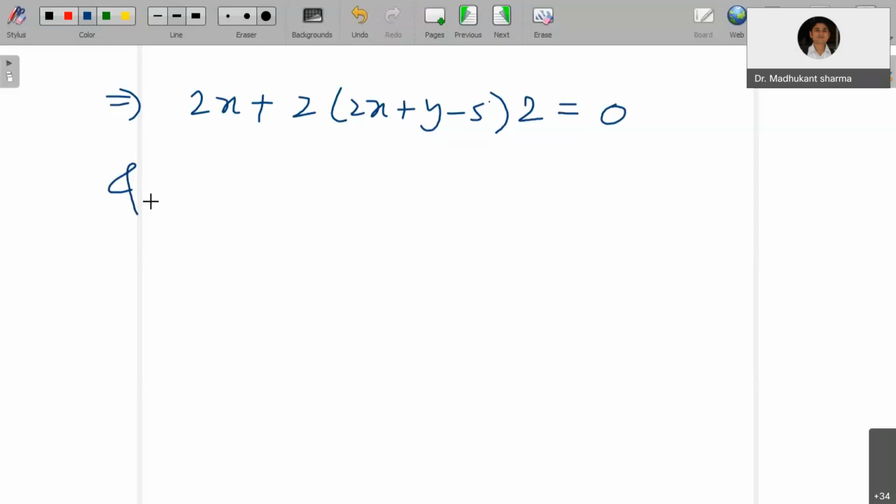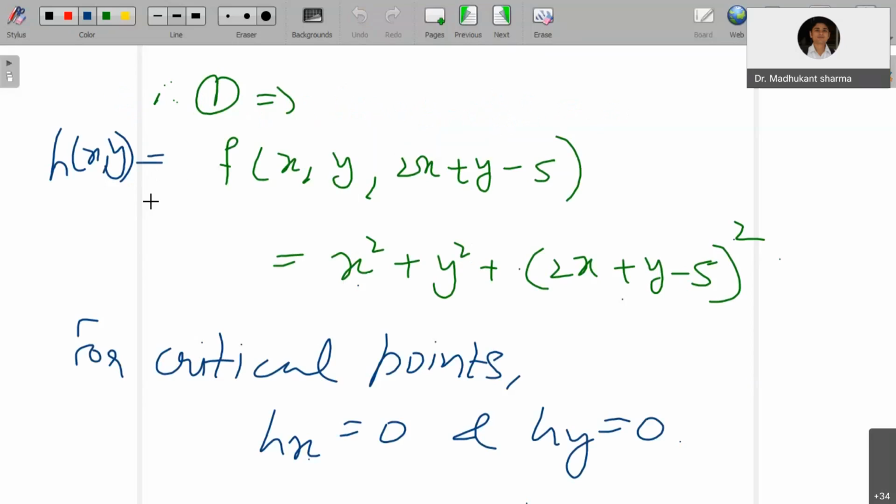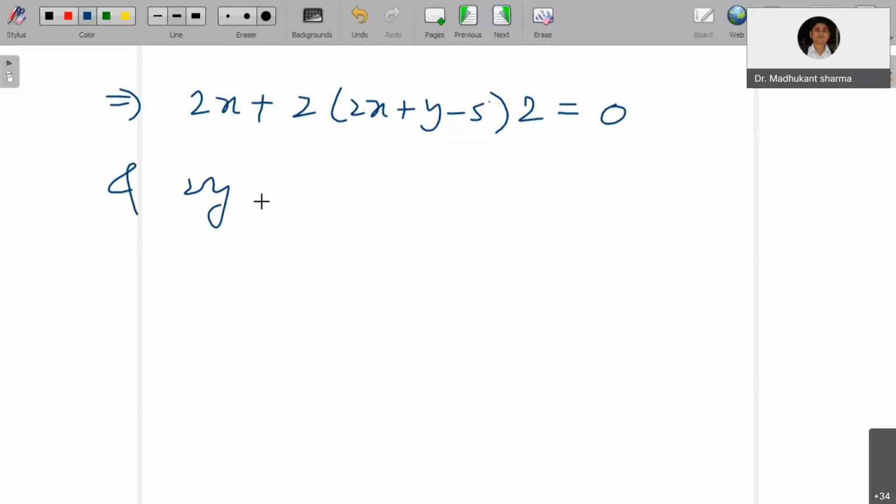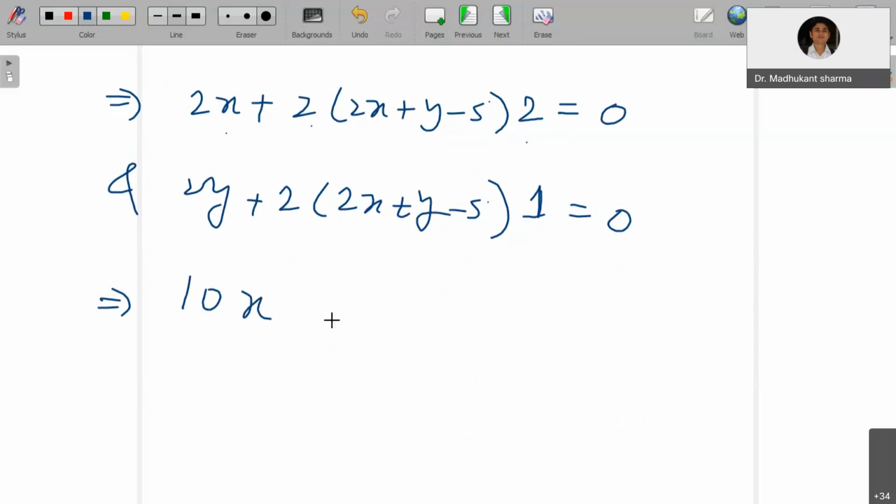And differentiating partially with respect to y, we get 2y plus 2 times (2x plus y minus 5) times the y coefficient, that is 1, equals 0. These two together we solve. So 2x plus 2 into 2, 4 into 2 is 8, 8 plus 2 is 10x, plus 4y minus 20 equals 0, so 10x plus 4y equals 20.